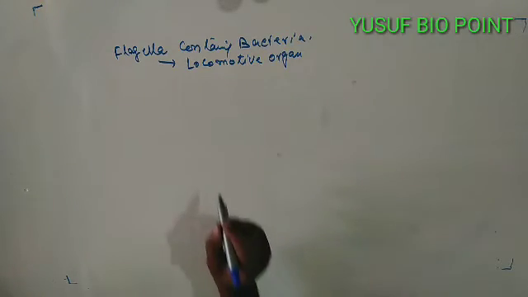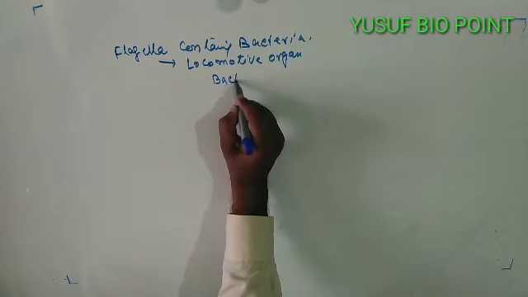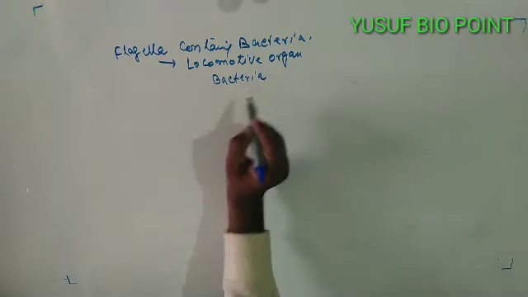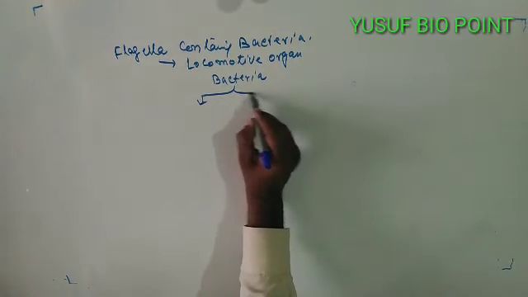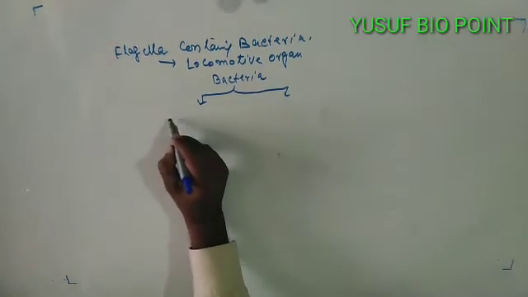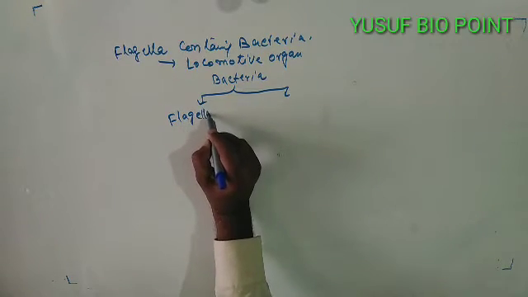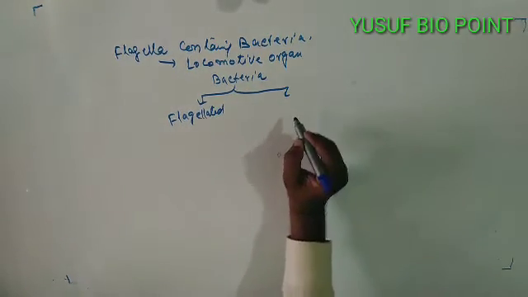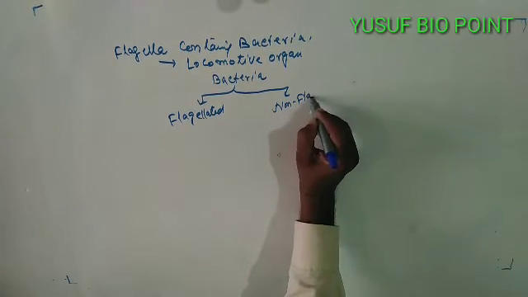On the basis of flagella, bacteria is divided into two: flagellated, in which flagella is present, and non-flagellated, in which flagella is absent.